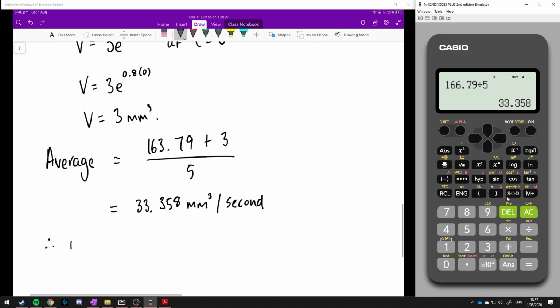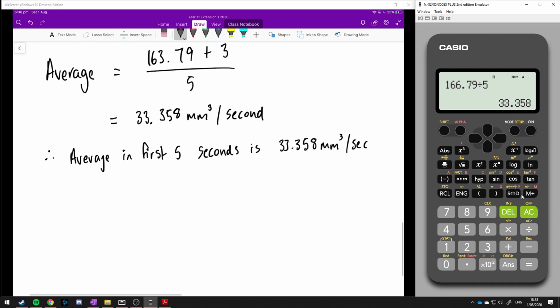So therefore, the average in the first 5 seconds is 33.358 millimeters cubed per second. And there we go.